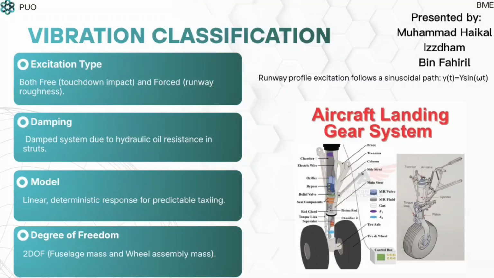The damping is viscous due to hydraulic oil resistance inside the struts. The model uses a linear, deterministic response for predictable taxiing behavior, and we represent this as a 2 degree of freedom system, tracking the movement of the fuselage mass and the wheel assembly mass separately.